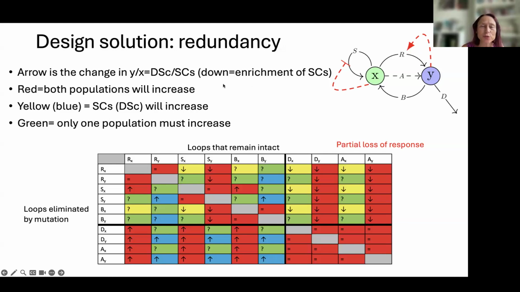If the number of stem cells in the system increases, then this quantity will decrease. So every time we see a downward arrow, that means that the existence of a mutant leads to the enrichment of stem cells. And normally this is bad, right? Because stem cells are great.